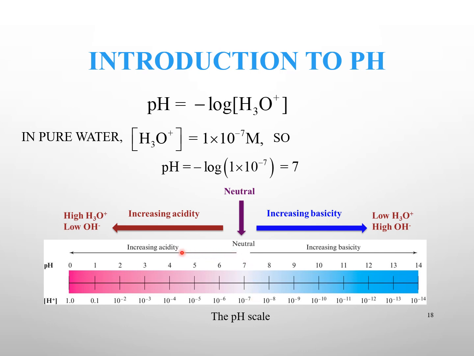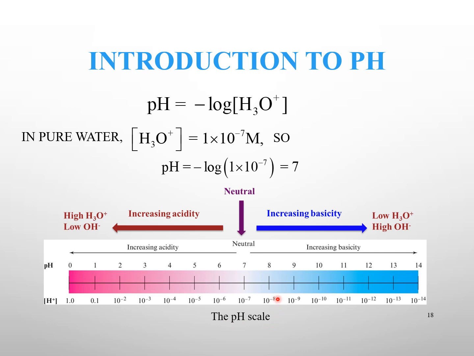If you want to make it more acidic, you have to increase the concentration of H+. And as you can see, every 1 unit of pH is a 10 times change in hydronium ion concentration. Hydronium ion and hydrogen ion are interchangeable here, okay?